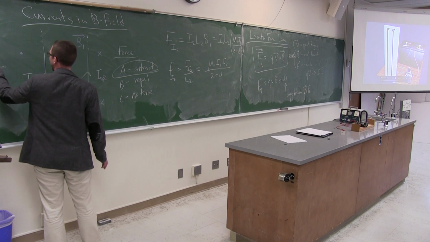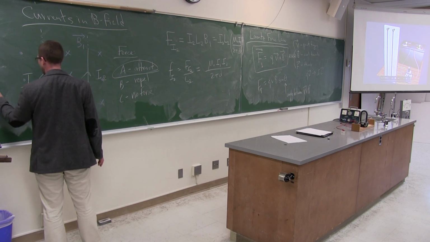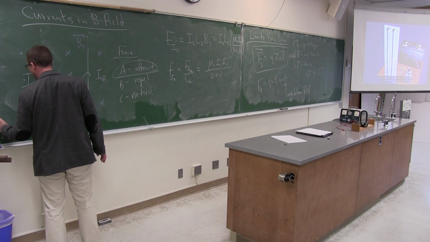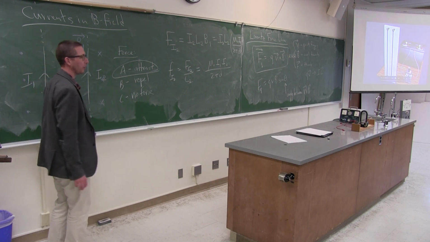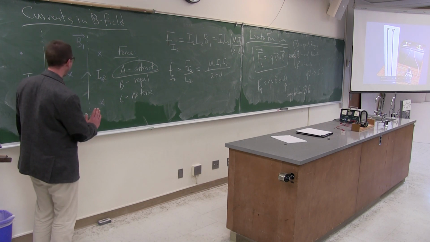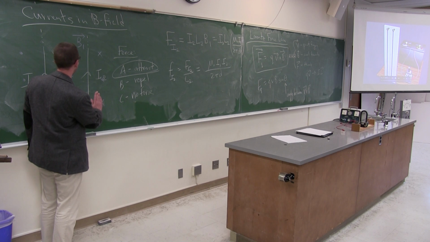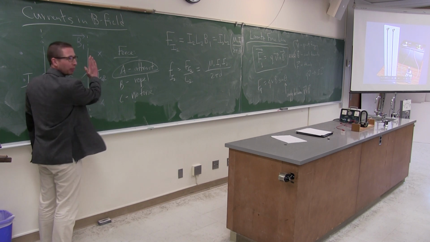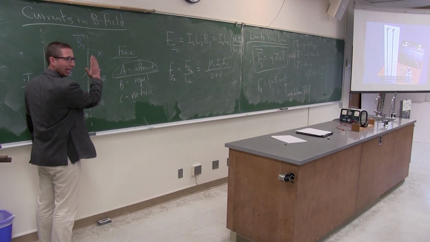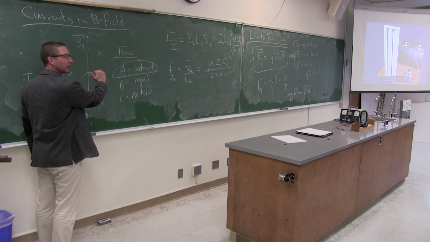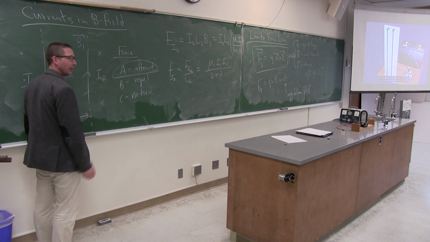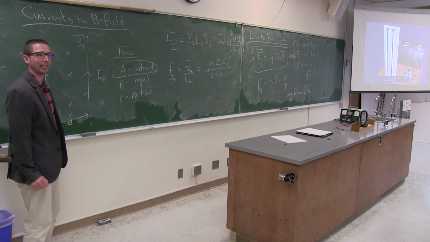Over on the left-hand side, it points out because it wraps around. I'm picturing circles that are kind of wrapping around the wire. So then at the location of wire 2, I have a current that goes upward and a field that's in, which gives me a force that's to the left. So that force is attractive.